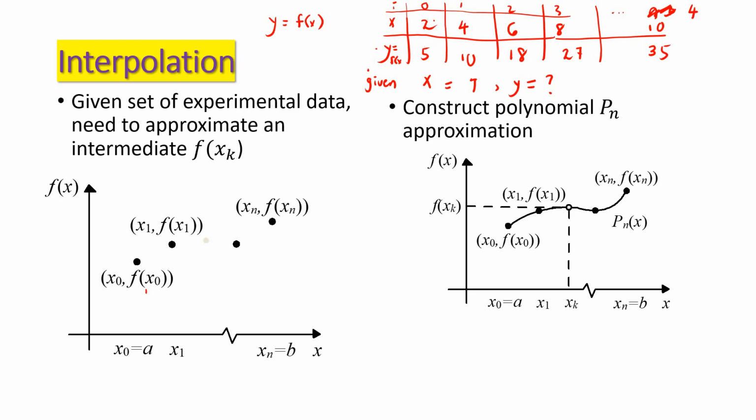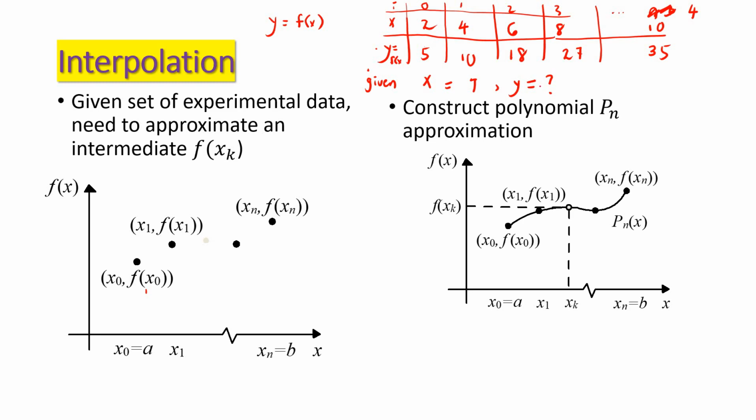When x is 2, you know y is 5. 4 corresponds to 10, 6 corresponds to 18. How about when x is 7? What is the value of y? You just know x equal to 7 is between 6 and 8, so you are going to estimate the value, with y between 18 and 27.